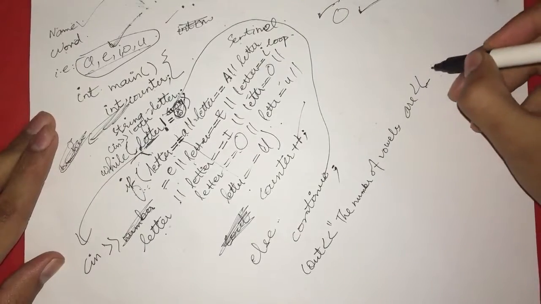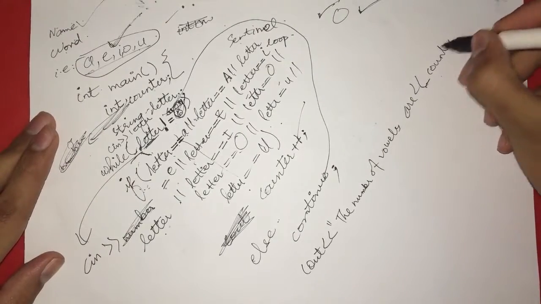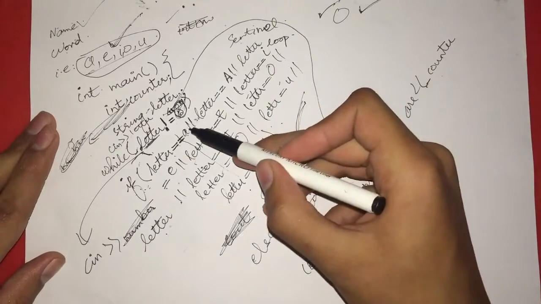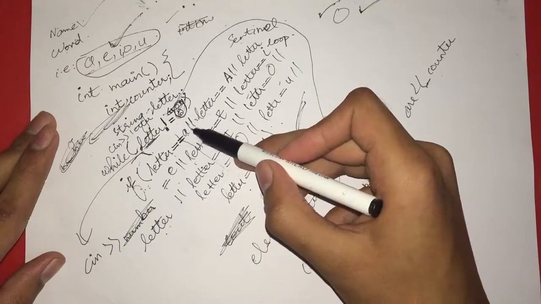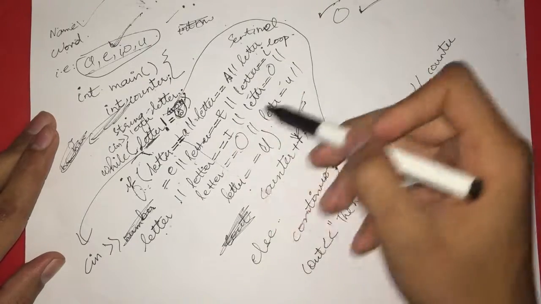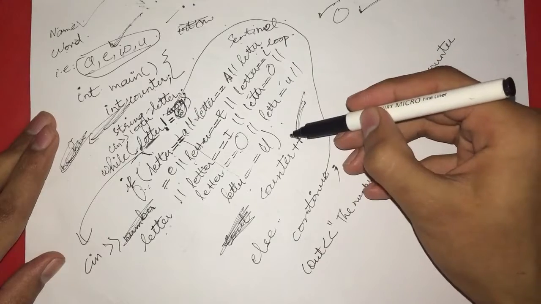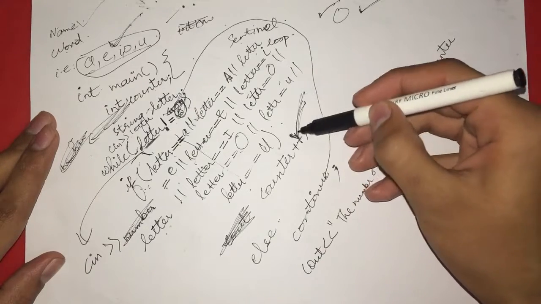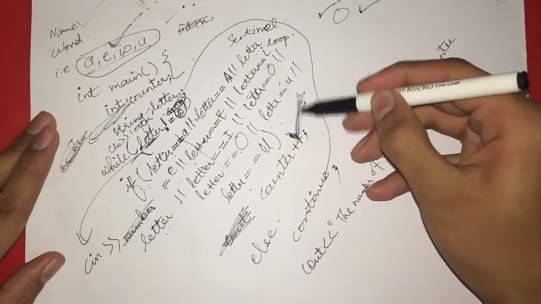Here we cout counter, because the counter was being updated as it was reading all these variables. If those letters you enter were A, E, I, O, U, it was continuously updating this counter.